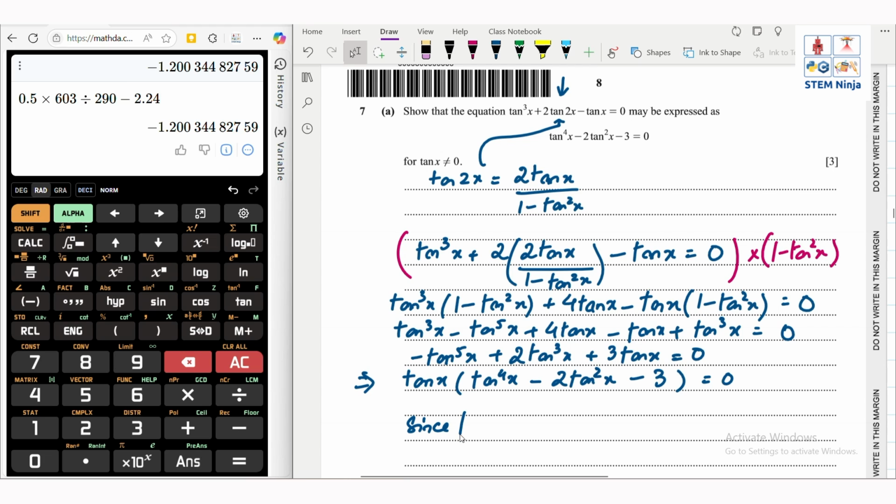Since tan x is not equal to 0, that means tan to the power 4x minus 2 tan squared x minus 3 equal to 0. So that's the first part.